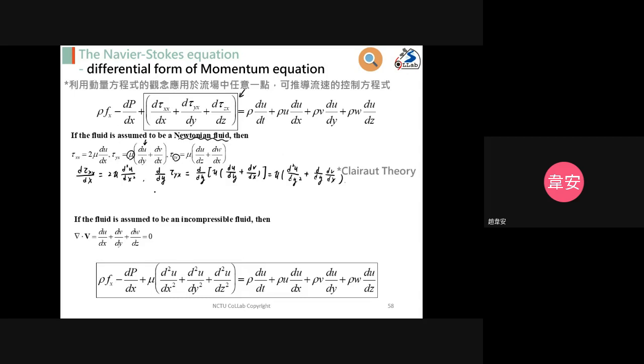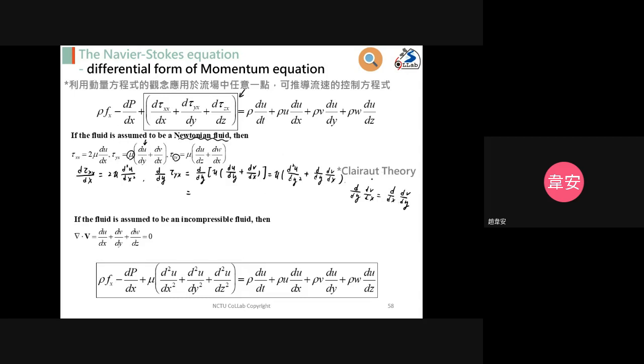And we assume, based on the Clairaut theorem, we know we can exchange the derivatives: ∂/∂y multiplied by ∂v/∂x is equal to ∂/∂x of ∂v/∂y.